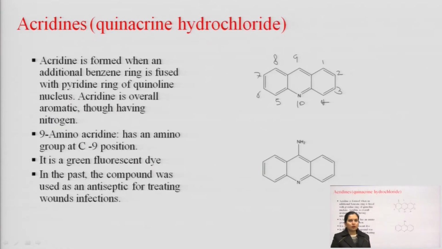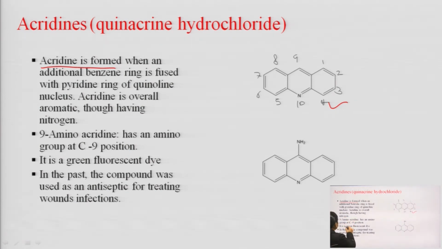The next drug is acridine, which is also known as quinacrine hydrochloride. Quinacrine is formed when an additional benzene ring is fused with the pyridine ring of quinoline. It is a 3-ring structure and there is a substitution.